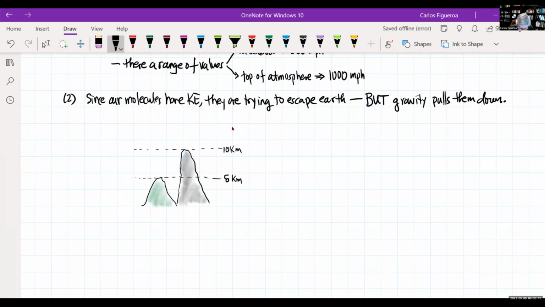And what you're finding here is that at 5 kilometers, below this line represents 50% of the air.